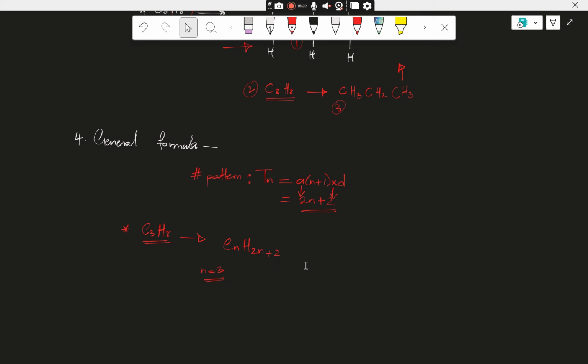But what I'm trying to explain is that in the same way that we have a general formula you can use to find, for a series, the 10th value, in chemistry we say if I have four carbon atoms or three carbon atoms, how many hydrogen atoms can I have in there? That's the general formula, which brings us to finding the molecular formula and the other formulas.